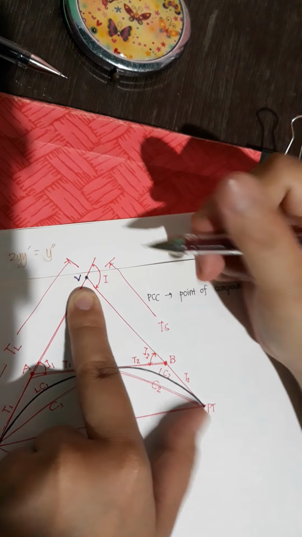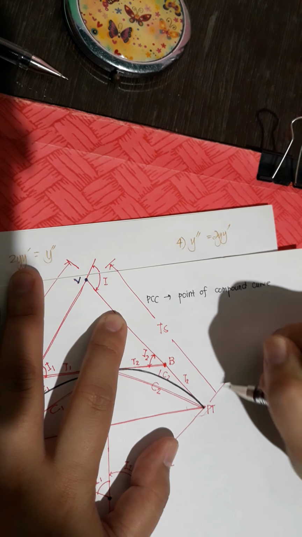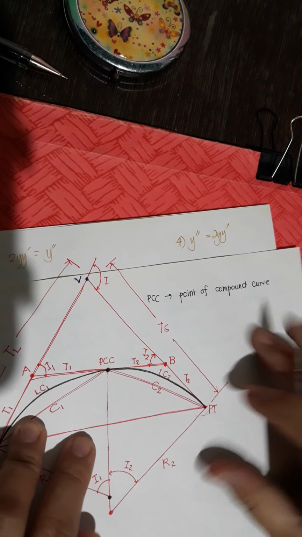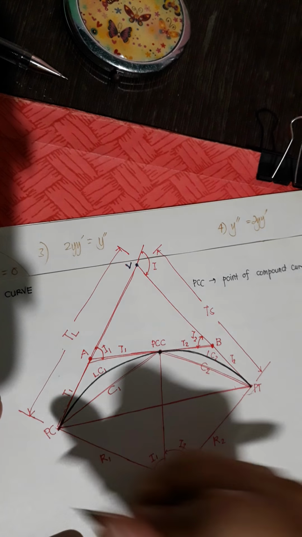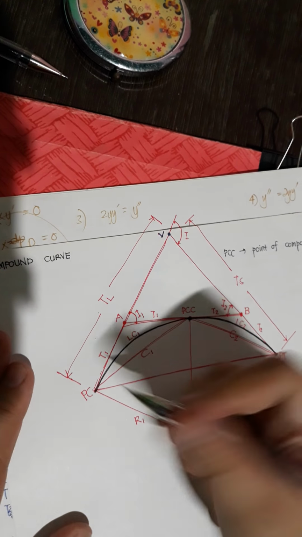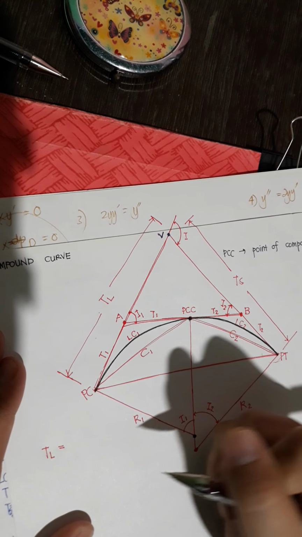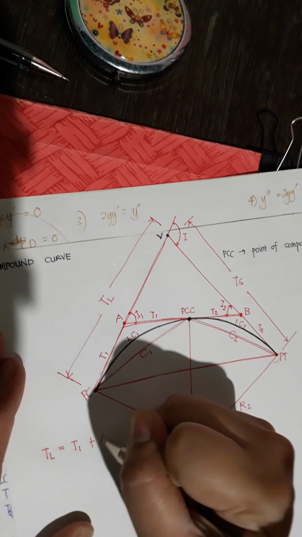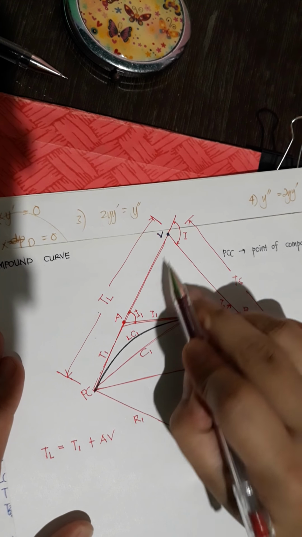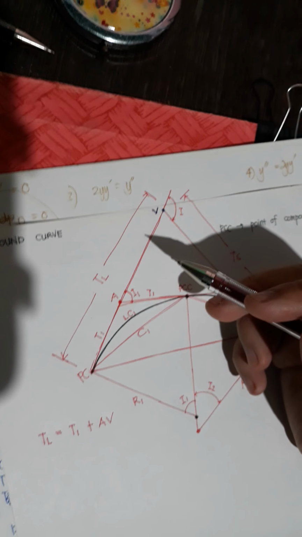TS represents the forward tangent of the whole compound curve. As you can see in the drawing, TL is the tangent of the first simple curve plus the length AV. So TL equals T1 plus AV.